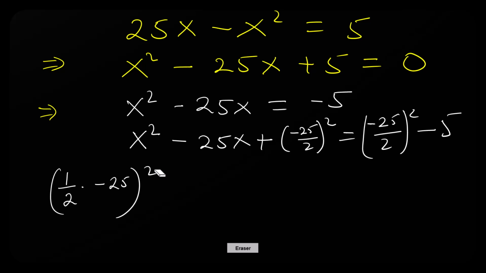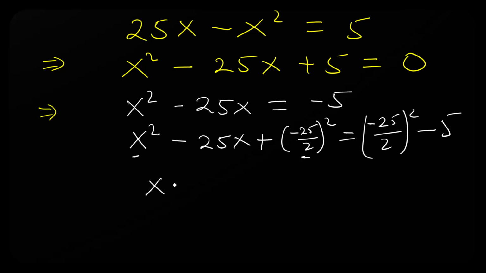Alright, so from here, this one and this, x minus 25 on 2 all squared, is the same as this. So if I expand this, I'll get this. So let's square this.